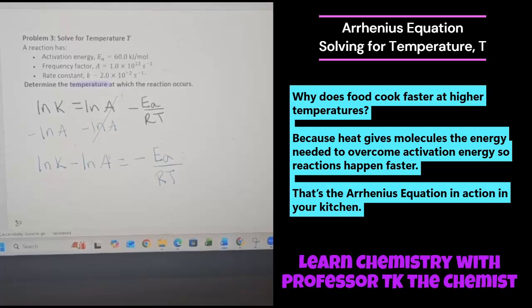But now remember, in order for us to get the R and the T by themselves, you would still have to bring them over to the other side. You would have to multiply the R and the T so that you can get them together.